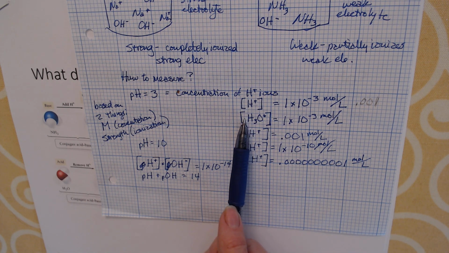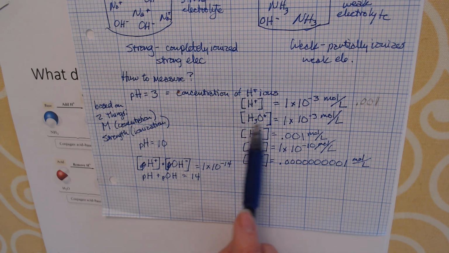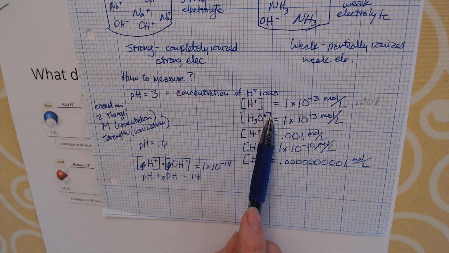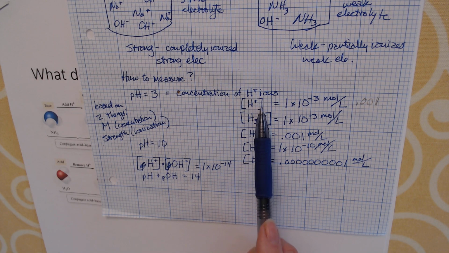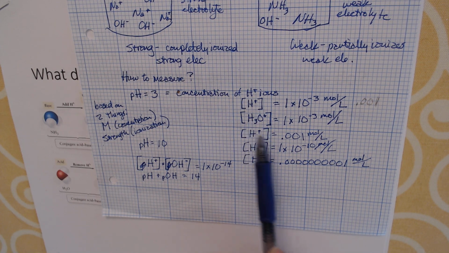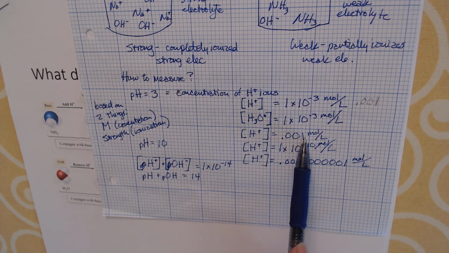They're exactly synonymous. This is just the way the book chooses to do it. It may be more accurate to what's going on inside of that solution, but on your test and on your homework, you're probably going to see it this way. But just know that these are the exact same things, and what they really represent is this right here, once you get out of scientific notation.